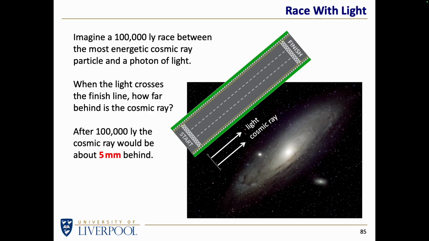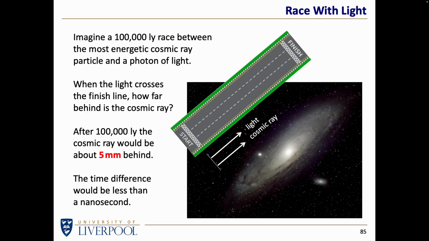Having traveled the equivalent of the diameter of the galaxy, it's only lost 5 millimeters in the entire race. If you want to convert that to time, if you start a stopwatch when light crosses the finish line and then stop it when the cosmic ray crosses, what's the time difference after 100,000 years? The answer is about a nanosecond.